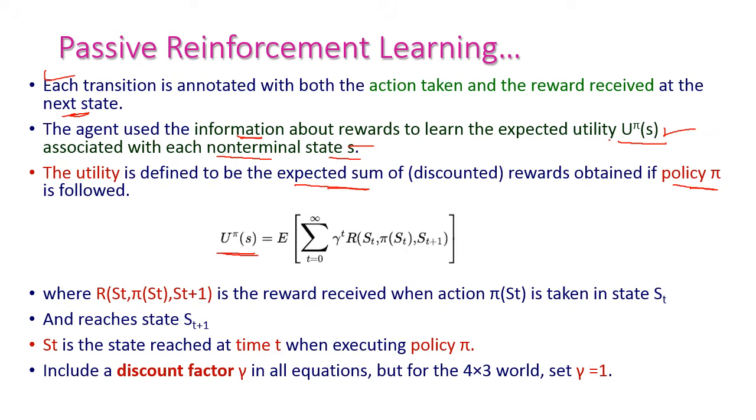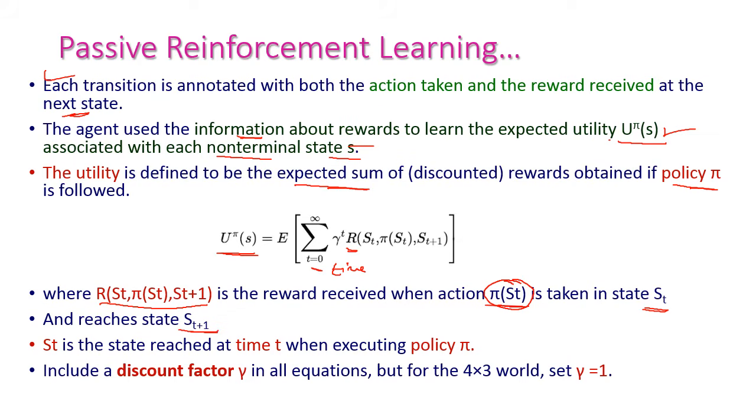U pi of s equals E of the sum over t equal to 0 to infinity, where t is the time, of gamma to the power t times R of s t comma pi of s t comma s t plus 1. Here R means reward, the reward received when we perform action pi on this state to reach the next state s t plus 1.